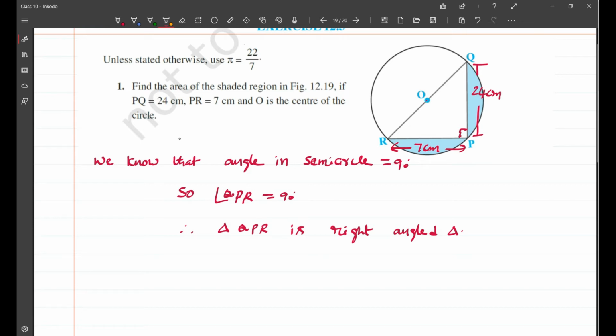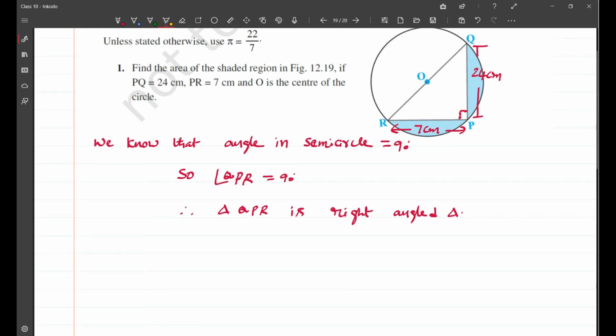That can be found by applying Pythagoras property. In triangle PQR, QR is the hypotenuse because it is opposite to right angle and it is the longest side in this triangle.